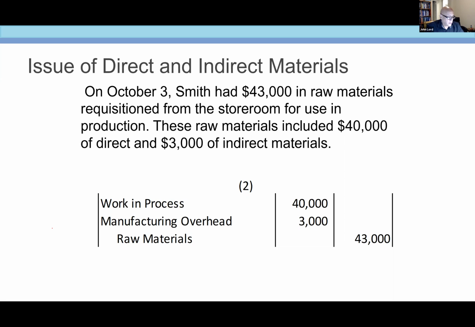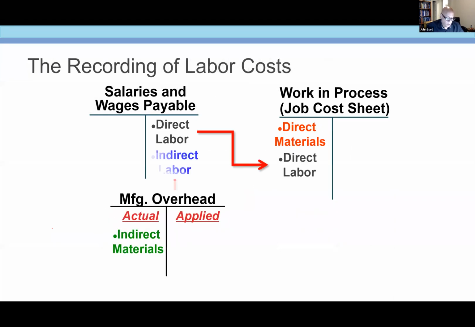Okay, good. So we've got the materials, but materials will not turn themselves into products without some labor. And so what happens? We incur some direct labor and some indirect labor. We credit our salaries payable. Later on when we pay the salary, we'll debit the payable, credit the cash, but we put it into our liability because we haven't paid them in cash yet. For the direct labor, we debit work in process.